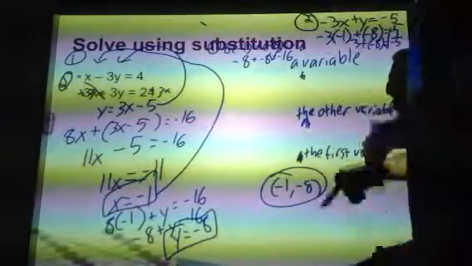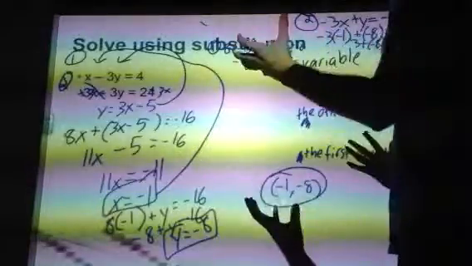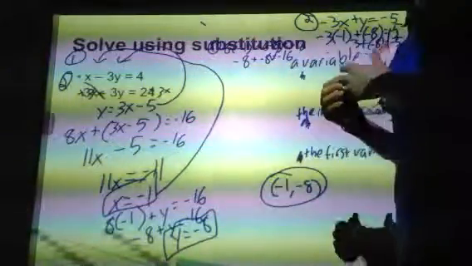That's a true thing. So our solution worked in both of our equations, so our solution is good. Okay, it's a good solution to that system.